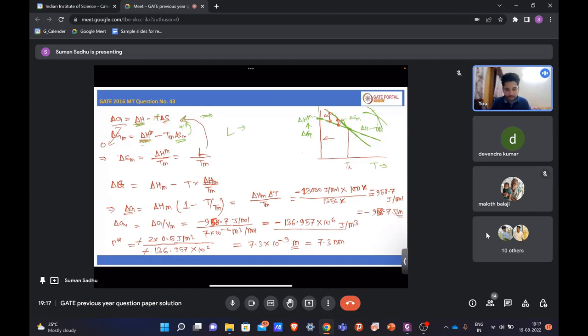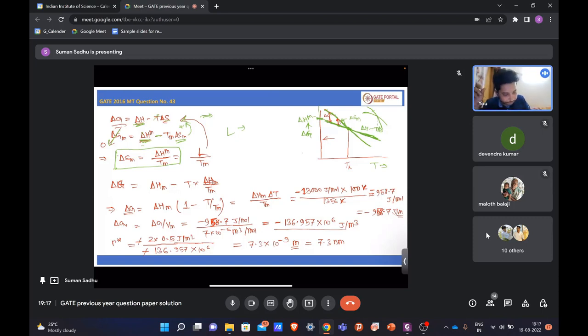So it is assumed that these delta H or delta G lines are basically straight lines, so the slope is the same at every point. That's why at this point delta G is 0. So at this point delta Hm minus Tm into delta Sm is 0. So you can write delta Sm as delta Hm by Tm, right?